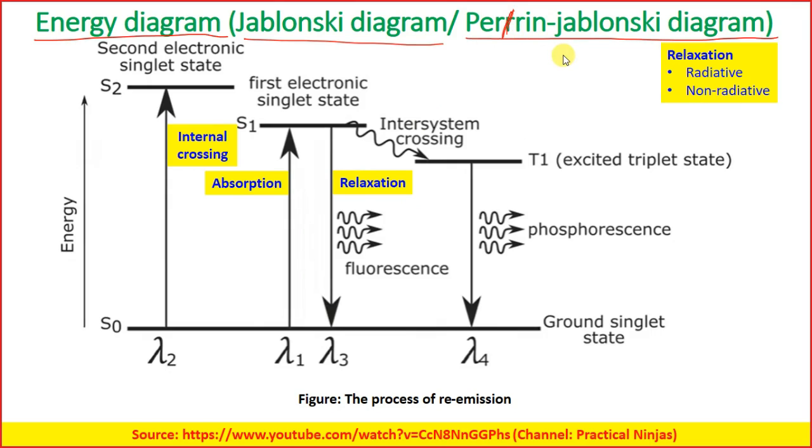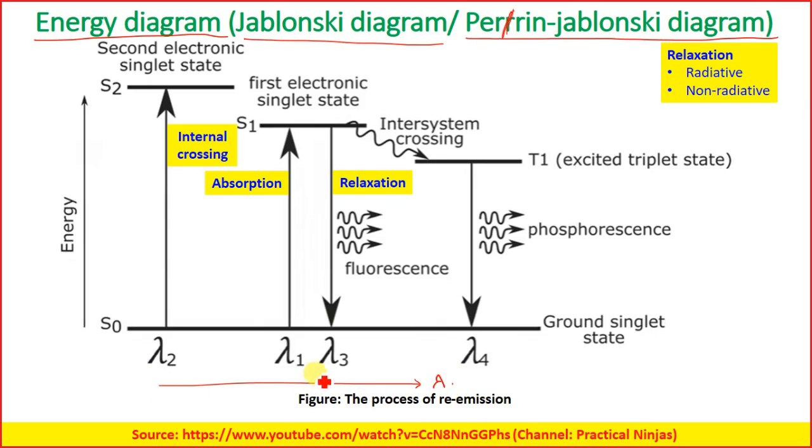Now, what happens over here? We have some lambdas, and as we go from left to right there is an increase in lambda. That means if we go from right to left, the energy will be increasing.